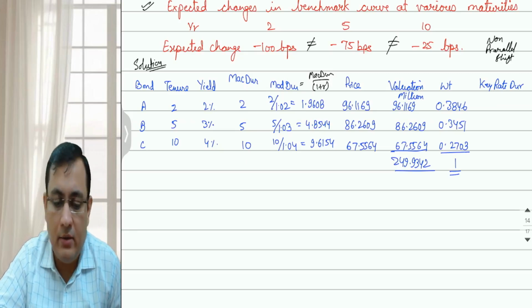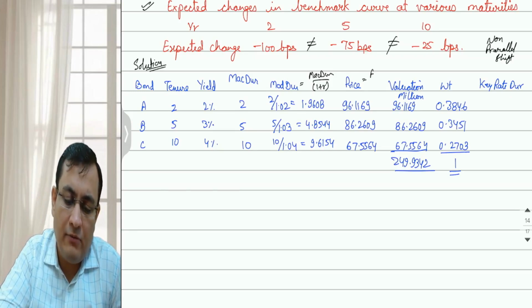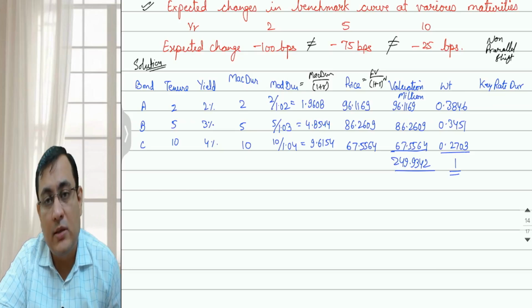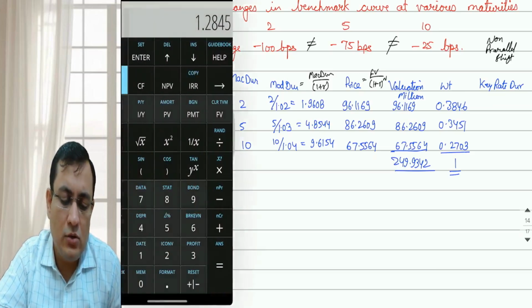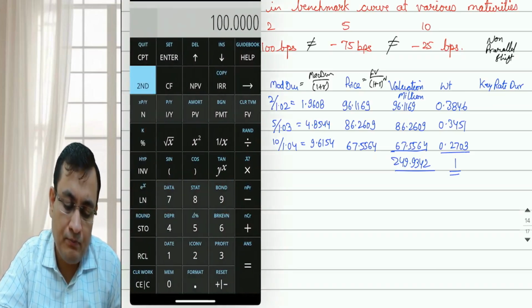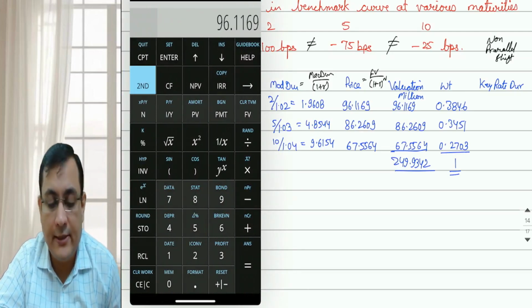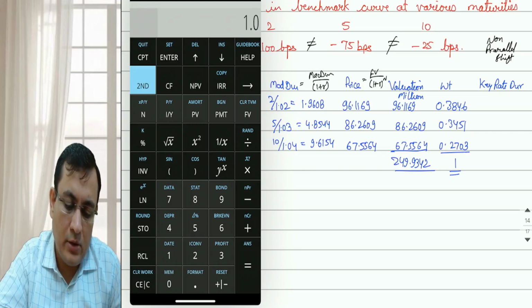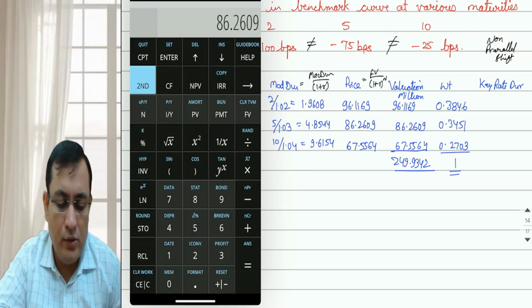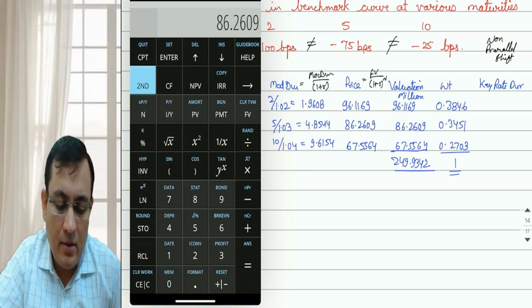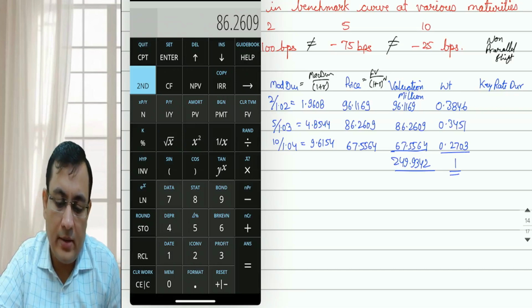Now how have I calculated the price? Price is equal to FV upon 1 plus R to the power N, because it's a zero coupon bond. There is only one cash flow. So 100 divided by 1.02 squared is equal to 96.1169. Then 1.03 to the power 5, reciprocated, into 100 is the second bond value, or you can use the TVM function, that is the third row in the calculator.